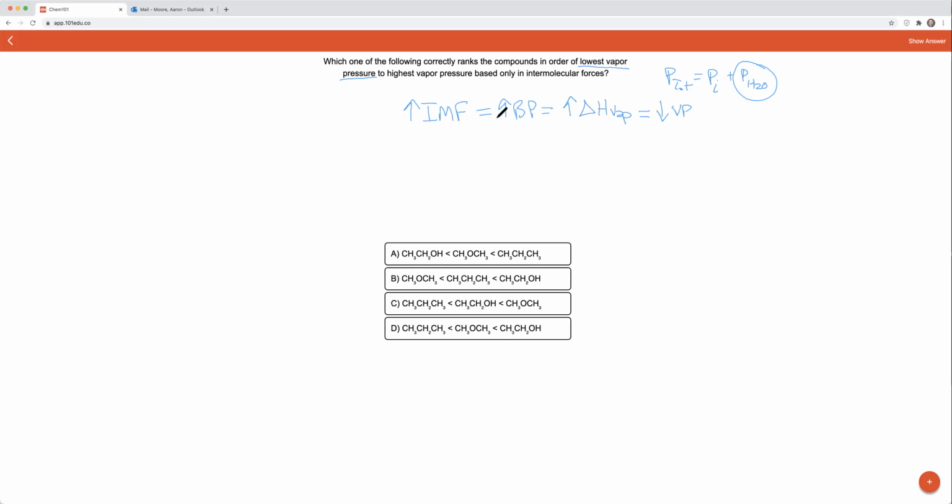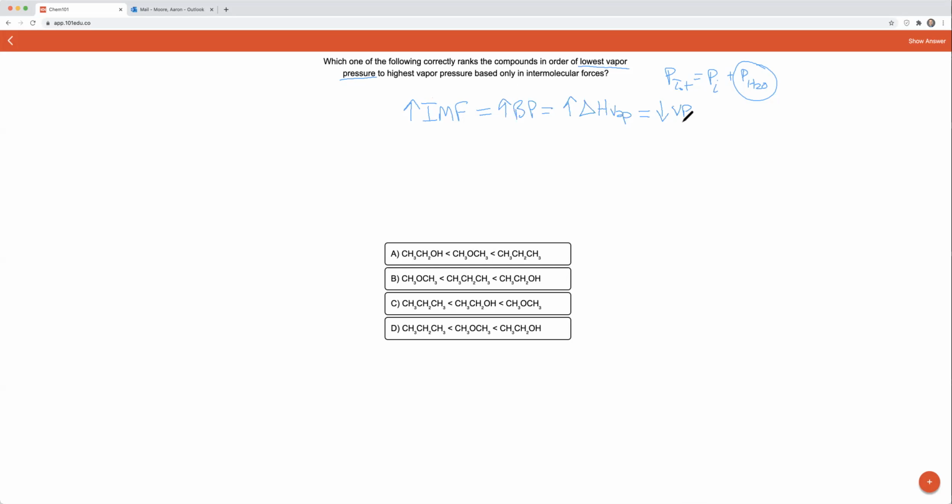But it does make sense if you think about it. This means it takes more energy to separate the molecules, which means I'm going to have to put in more energy, which is evident in a higher boiling point and a higher delta H of vaporization. And so if it's harder to boil and it takes more energy to create gas molecules from liquid molecules, then I won't have as many gas molecules.